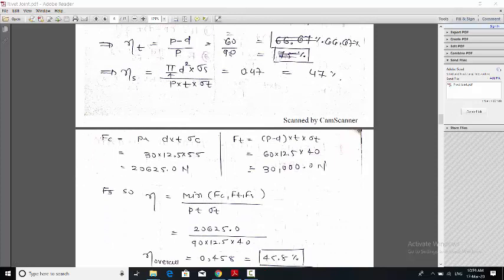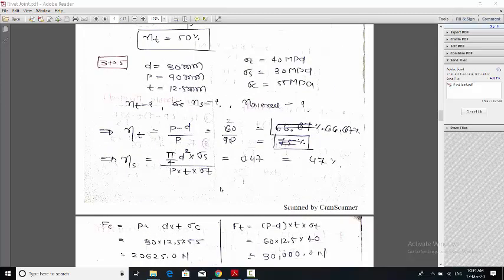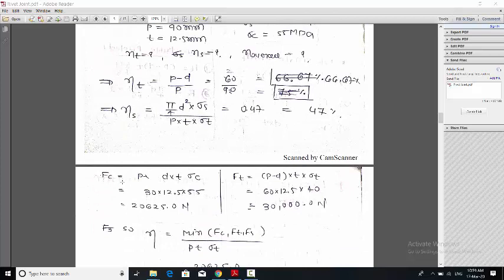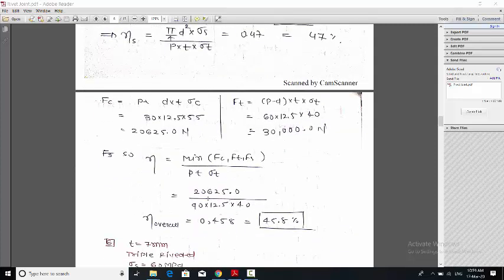Now, what is the final efficiency? You have to take FC, FS, FT, the minimum of these. First of all, you have to find FC, because FT and FS you have already found from these two equations. Now look at FC. That is D into T into sigma C. D T is the projected area. FT is (P minus D) into T into sigma T. From these you have to take the minimum of all three.